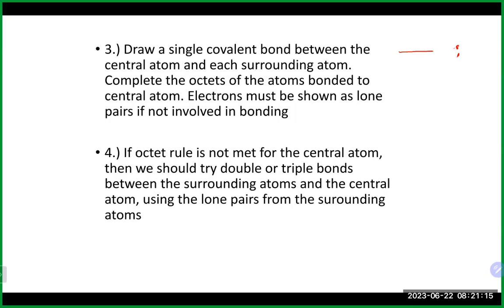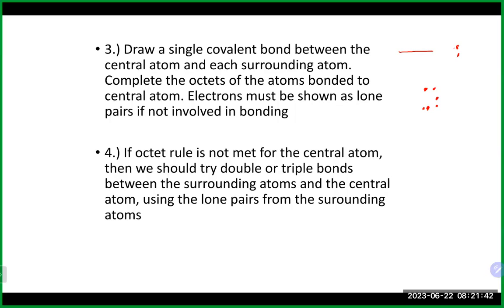The next thing you should do is take those leftover electrons and put them on the outside atoms in pairs as dots. You should fill up all the outside atoms with pairs of electrons until each of them reaches the octet rule. Obviously, if it's hydrogen on the outside, no dots, you just skip over it. But all the other elements, you should put dots around.